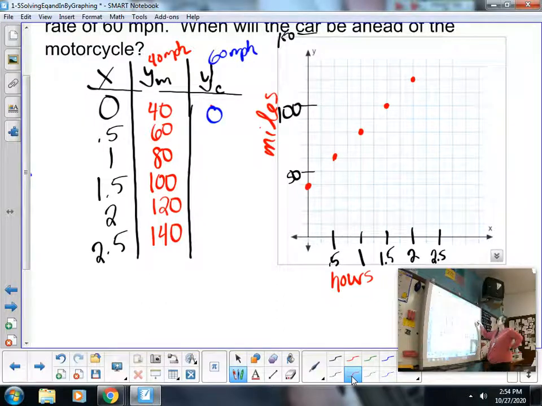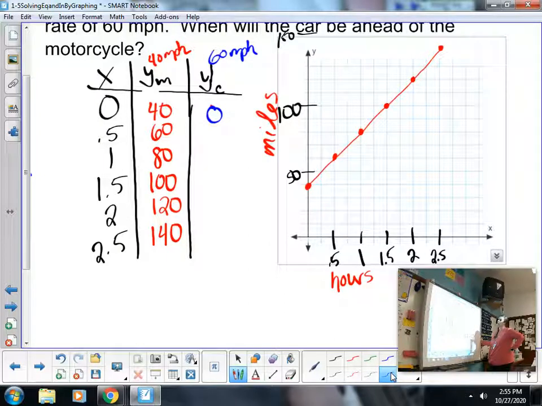So 2.5 hours, 10, 20, I think right about there. If you want to, you can connect those because you're looking at distance that the motorcycle is traveling. That is connected because even though you are at 40 and at 60 and at 80, somewhere you'll be at 70, somewhere you'll be at 75, so it is okay to connect those.